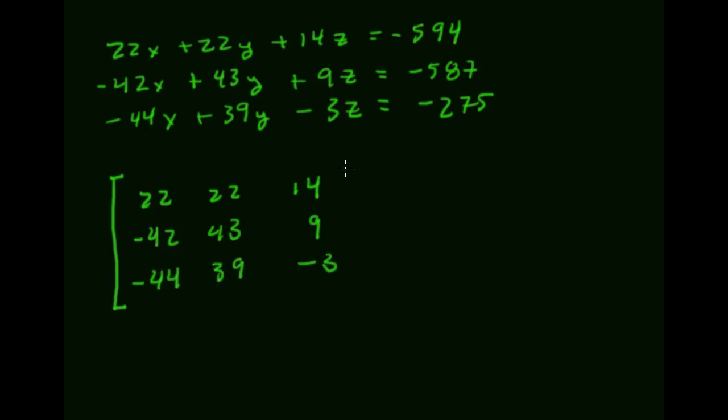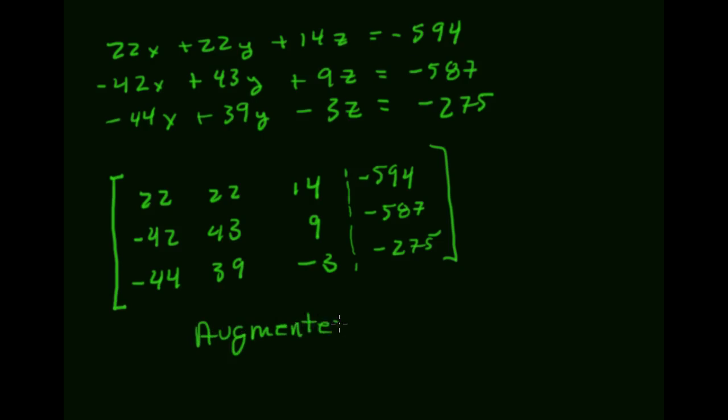On the right-hand side, I'm going to make a little line here, we're just going to put the constants. So this is what is called an augmented matrix. Okay, so this is a matrix, and then we have its augment.